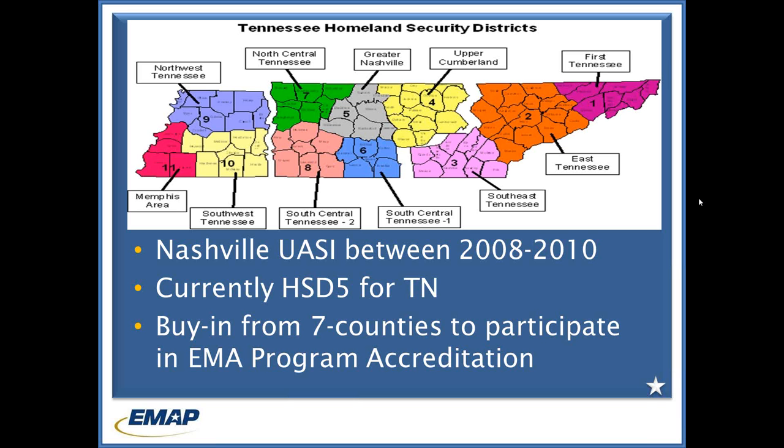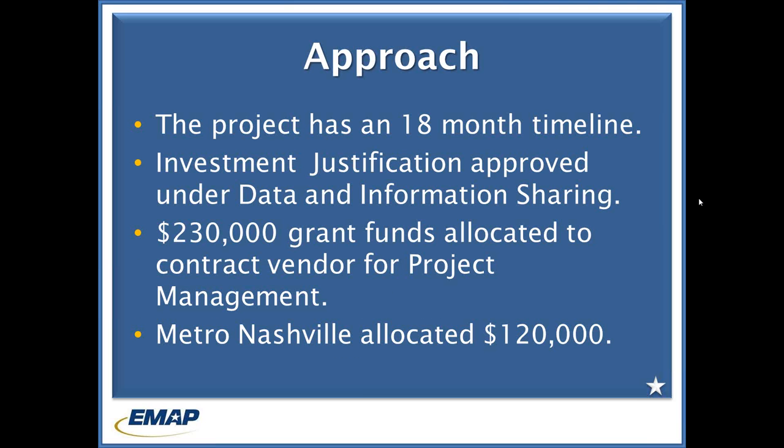We got the buy-in from all 7 counties to submit that as a budgetary item in that year's UASI grant application, and ultimately got approved. We set forth an 18-month timeline between when we got the executed contract and the monies allocated to spend and the end of the grant period.